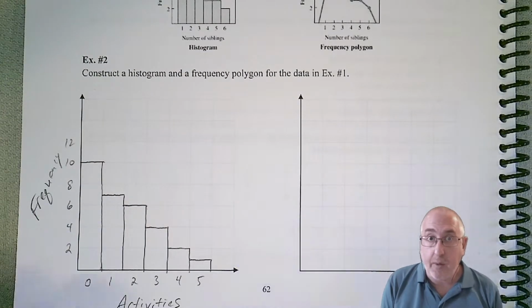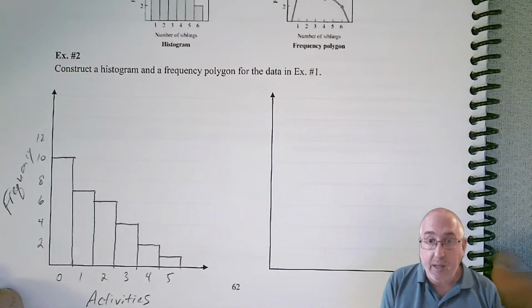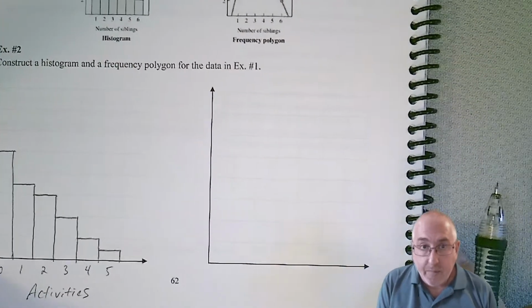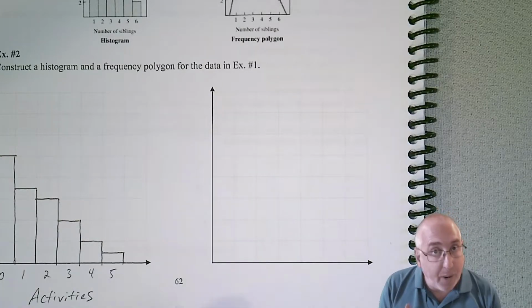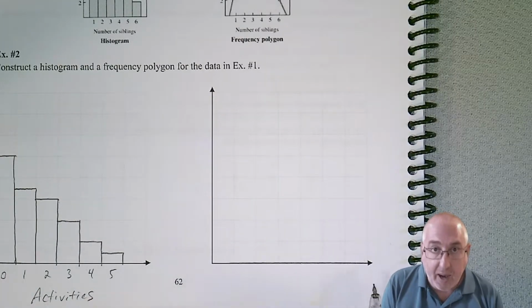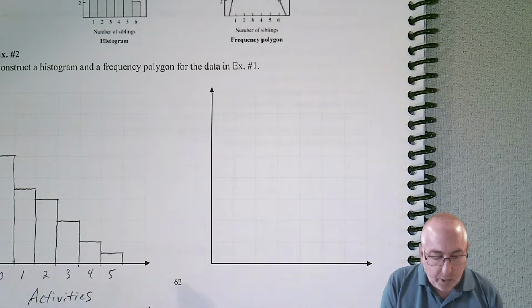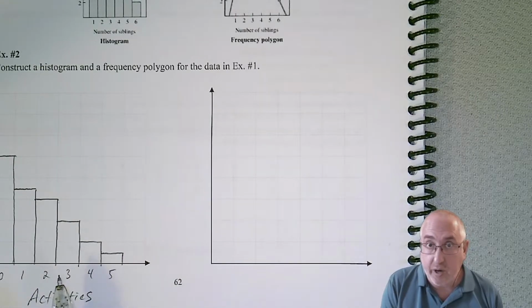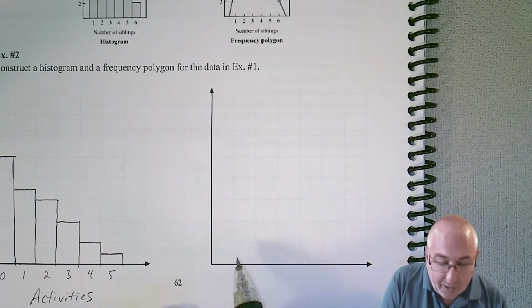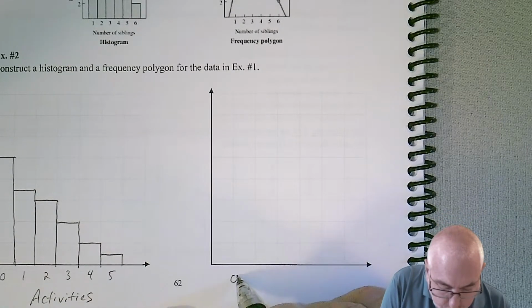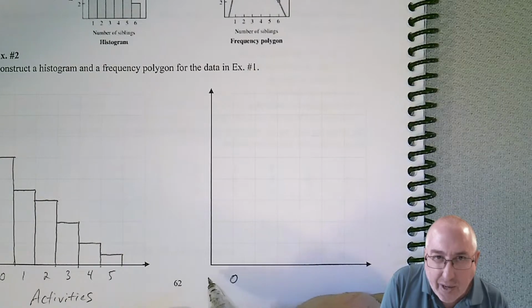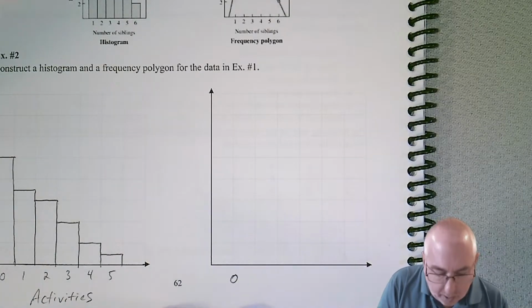Now, what's nice about the frequency polygons, and I'll move it over so I'm not in the way, is that a lot of it's going to be the same, but be careful about labeling the bottom. We don't want to label the spaces like we did over here on the histogram. We want to label the actual lines. For the first line, we don't want to start right underneath the vertical axis, and you'll see why in a second.